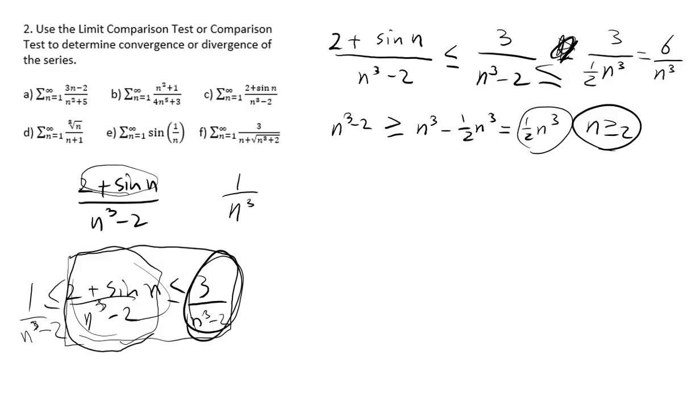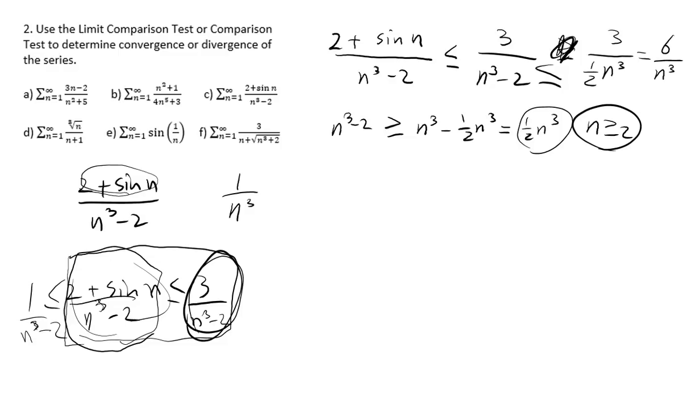By multiplying 2 top and bottom, this 1/2 cancels, so 3 over 1/2 n cubed is the same as 6 over n cubed, and this is 6 times 1 over n cubed, which is a p-series which converges. So we have to work hard to get an inequality, and as you can see here, the direct comparison test is not very pleasant to use.